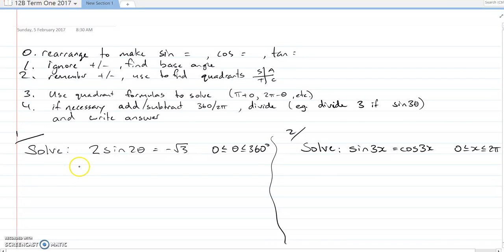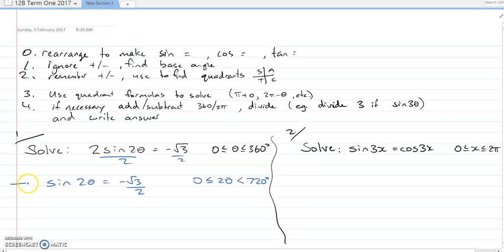First one, we divide by 2. So we get sine 2 theta equals minus square root 3 over 2. And we'll need to bring this in later, that we're looking at 2 theta, so we need to go 2 full loops of the circle.